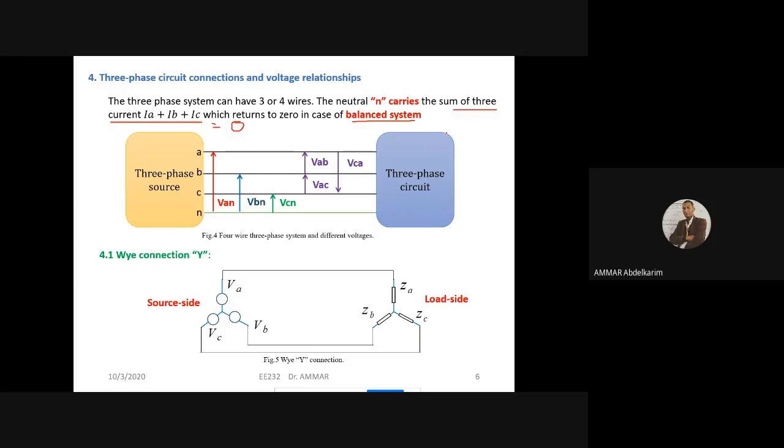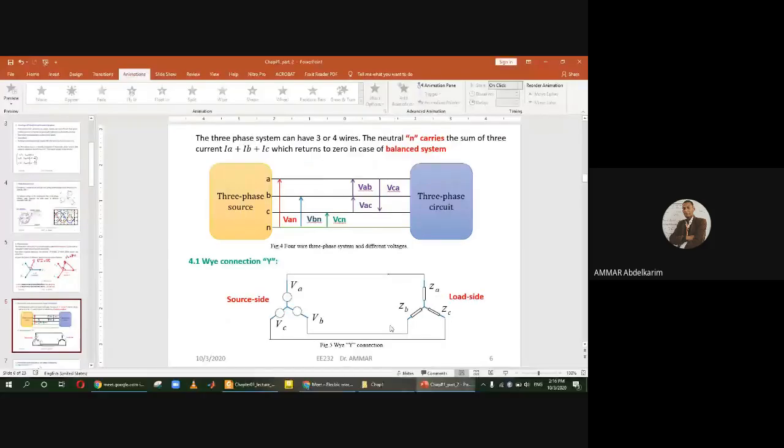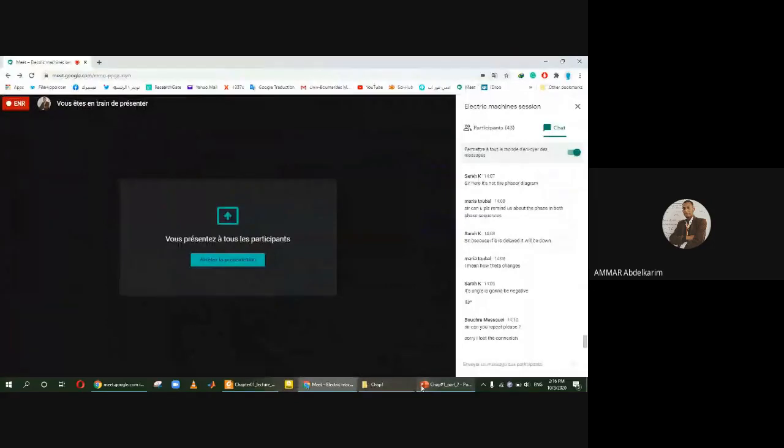So that system is an unbalanced system, and when we have unbalanced systems, we're going to have a current here in the neutral. So if one of these conditions is not achieved, the system will be unbalanced.